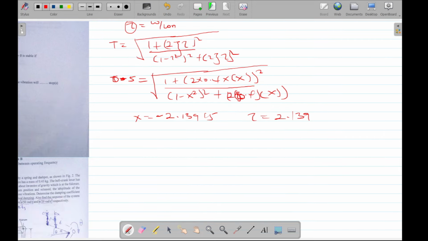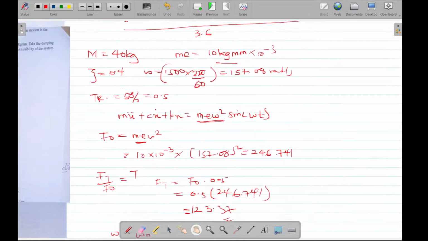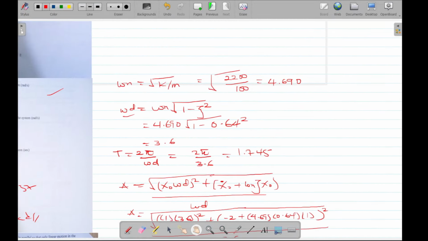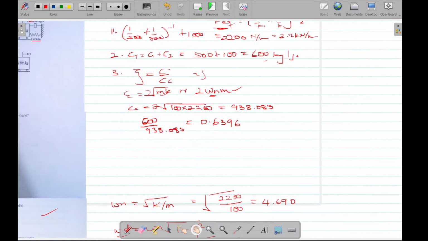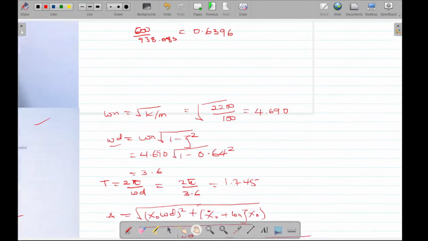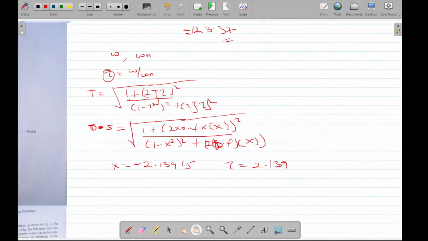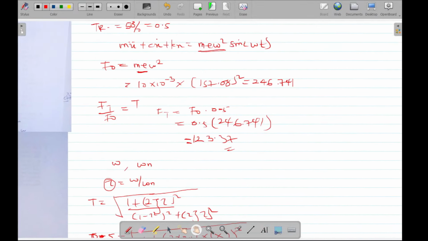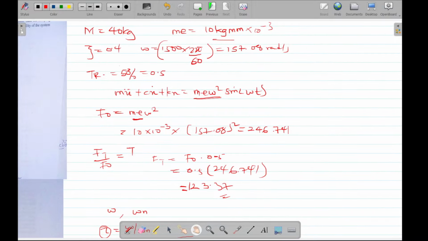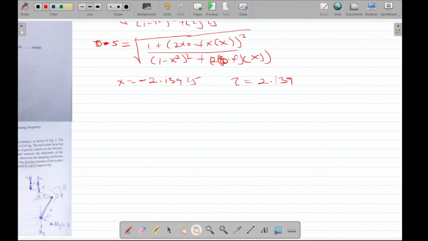So we know omega, or the operating frequency, to be 157.08, and we know tau to be this.